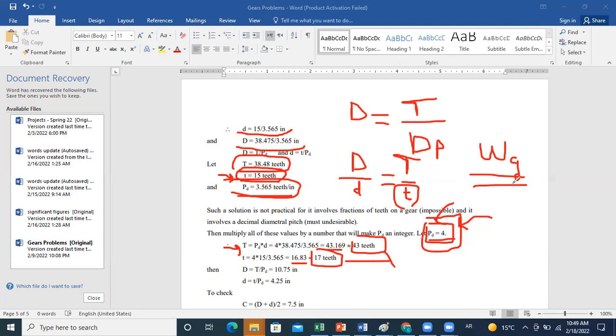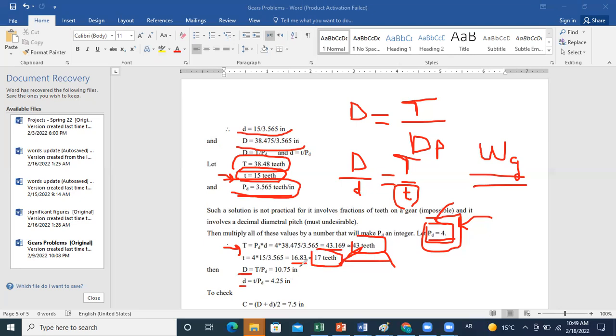So now after selecting this, I should check my equations. I have two constraints. The first one is that the distance between my centers should equal 7.5 inch. Now that I imposed the diametral pitch equal 4 and the number of teeth, I can check the diameter for the gear and for the pinion.